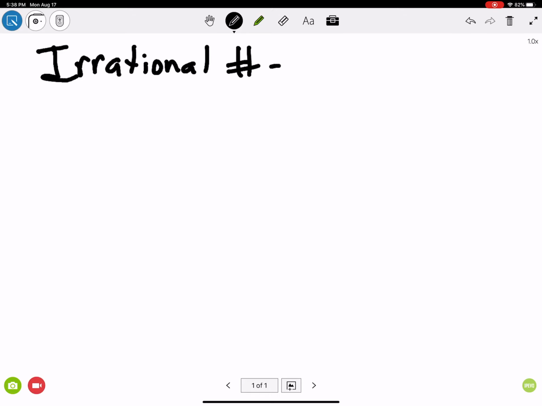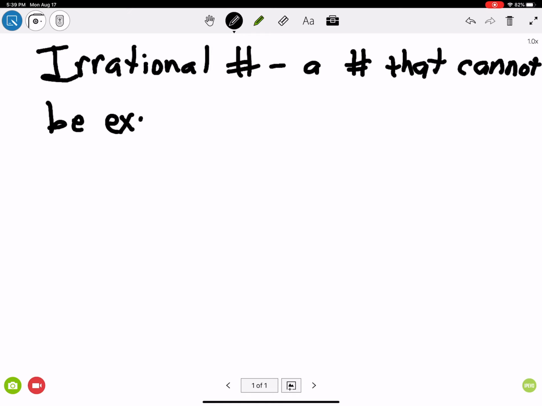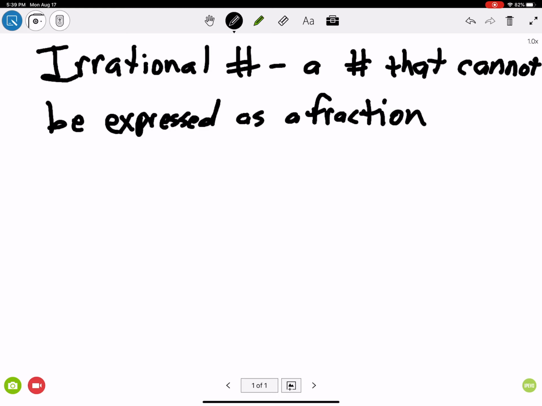An irrational number is a number that cannot be expressed as a fraction. Okay? So an irrational number is a number that cannot be expressed as a fraction.